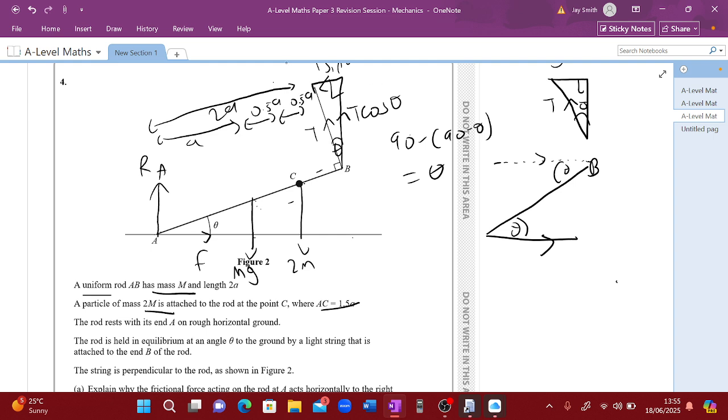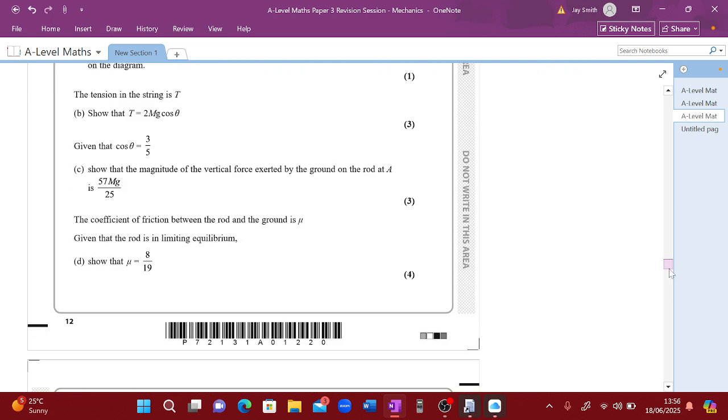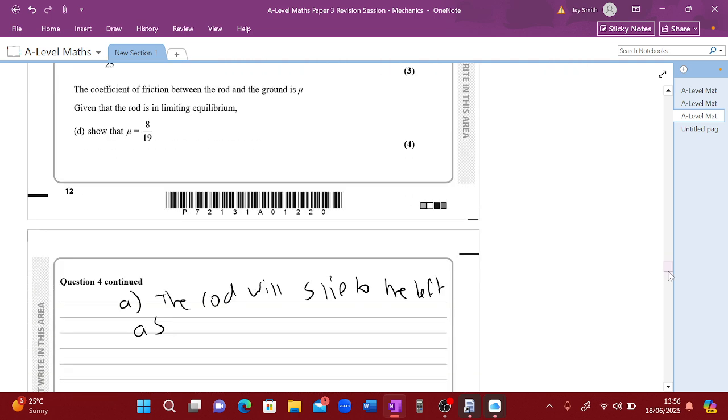The tension up here, the T sin theta, is acting this way, so it's going to push the rod to move this direction, isn't it? Because it's both going to the left direction. So it's being pushed to the left, specifically by the tension in the rope.